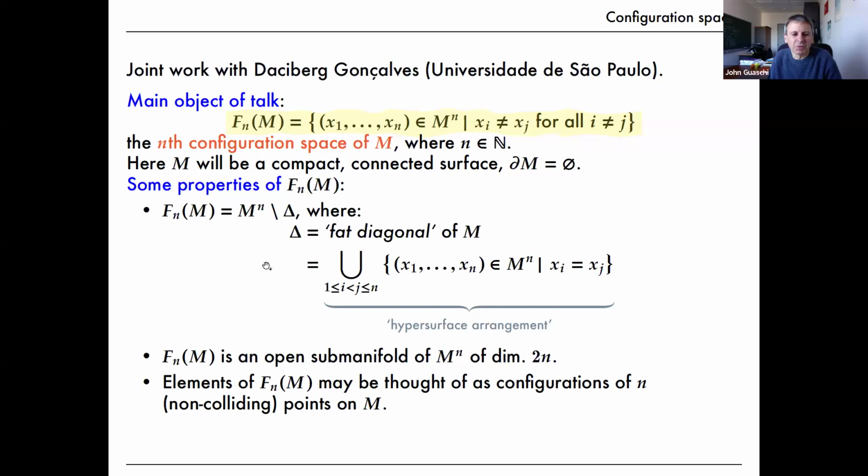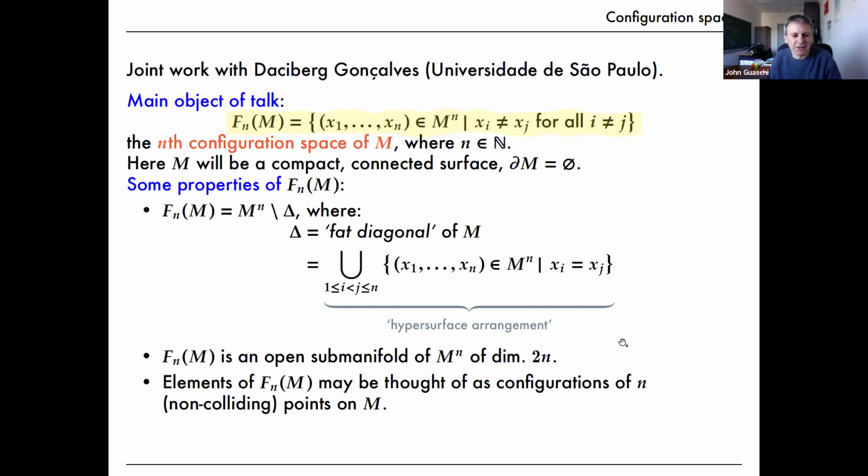If you take M to be the plane, then this is the classical object known as a hyperplane arrangement. So it's related to that, and a lot of work has been done on hyperplane arrangements and looking at their fundamental groups and trying to see if they're, for example, K(π,1)s.